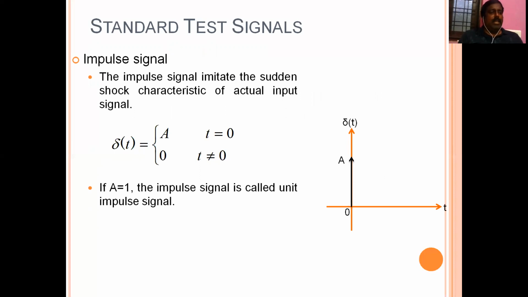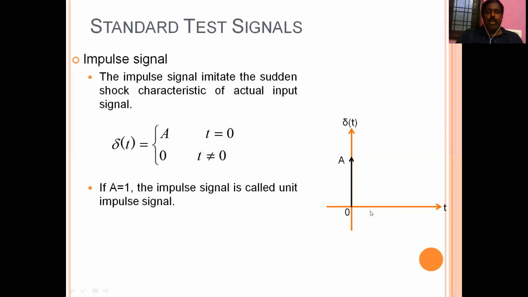First one is the impulse test signal. What is an impulse test signal? It is represented by delta of t. Delta of t is equal to A, where A is the amplitude, if t is equal to 0.